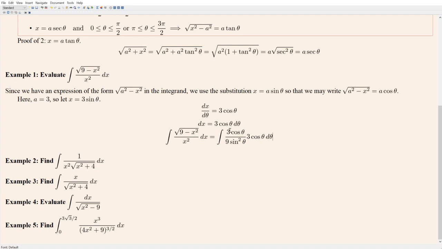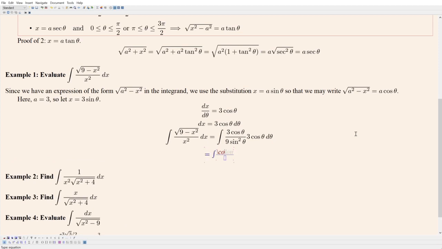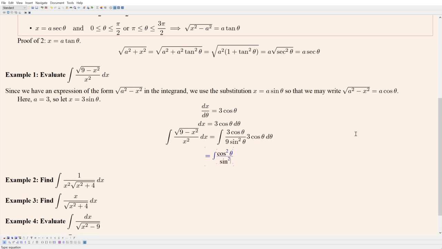Now let's see what happens. 3 times 3 is 9, 9 in the denominator as well, so those 9s cancel out. So we have cosine squared on top, and sine squared on the bottom.